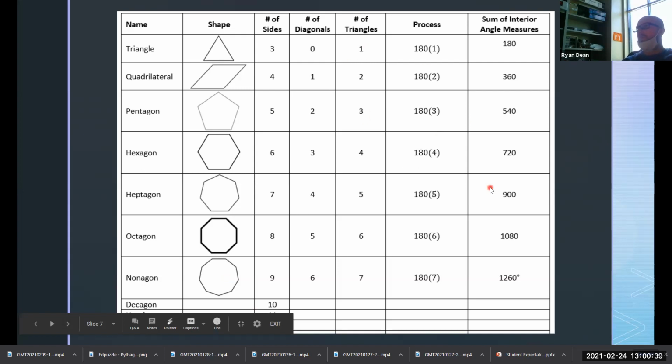So if you're asked to find the sum of the interior angle measures, all you're doing is taking 180 degrees because that is the number of degrees in a triangle, and you just multiply by how many triangles you have to get the sum of the interior angle measures for each one of these. You do the same thing down here for the decagon, the dodecagon, so on and so forth.